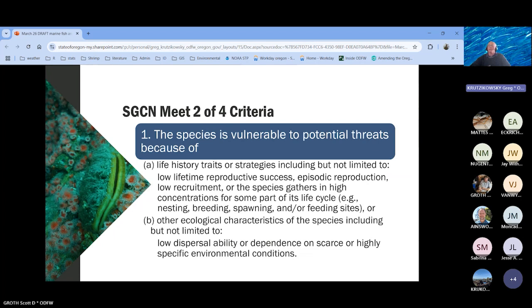An example would be the soupfin shark with its inherently low reproductive rates, given that it's giving birth to live young pups only once every 3 years. Okay, next slide, please.